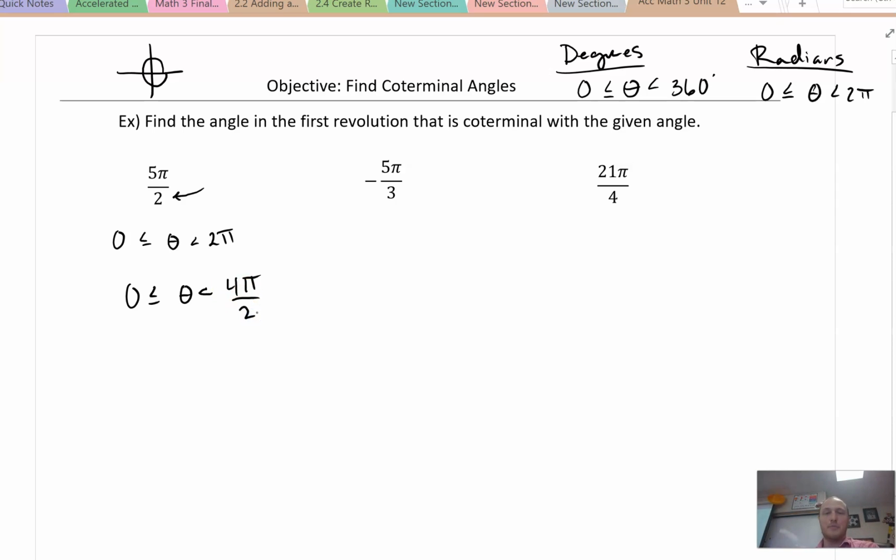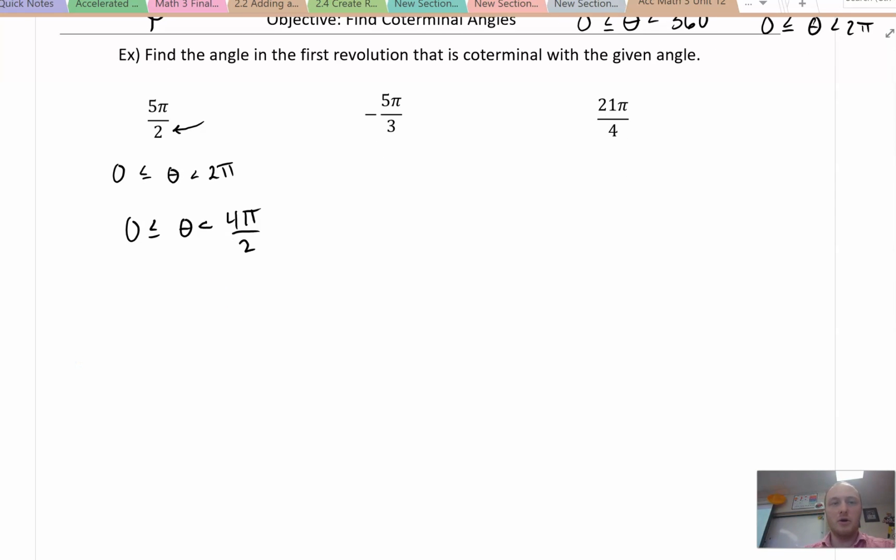So notice how 5 pi over 2 is not. So all I do is take 5 pi over 2 and subtract 2 pi. I'm taking away a revolution, which is 5 pi over 2 minus 4 pi halves, which is equal to pi over 2. So there you have it.